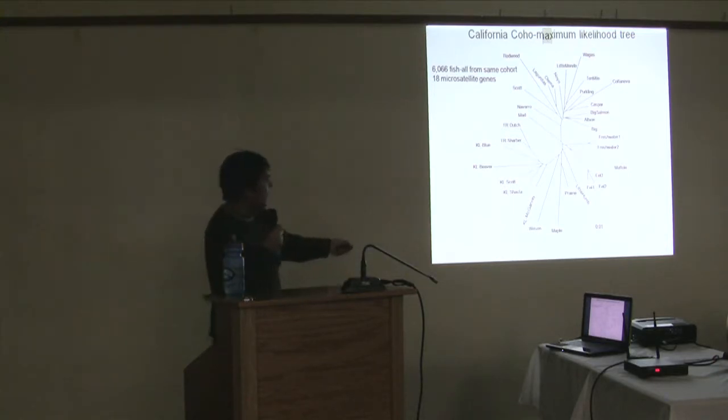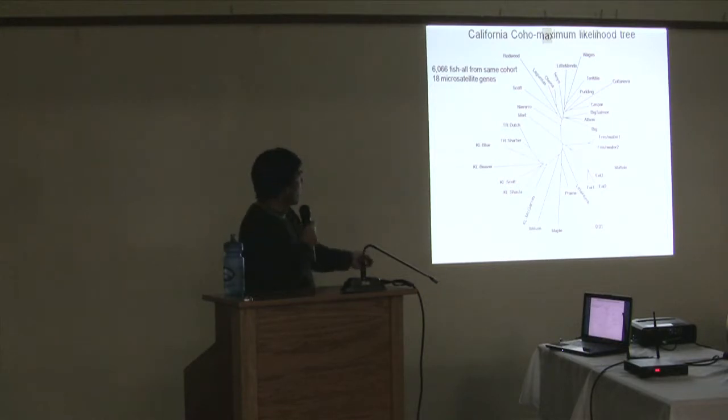And a couple of things to note here are that all of the Klamath Basin, Klamath Trinity Basin samples all cluster together closely. It's a monophyletic group, and they are actually quite distinct from other fish in California.